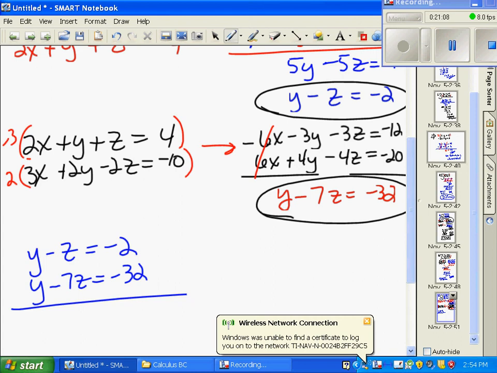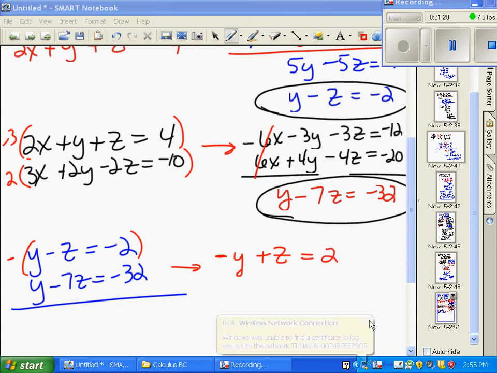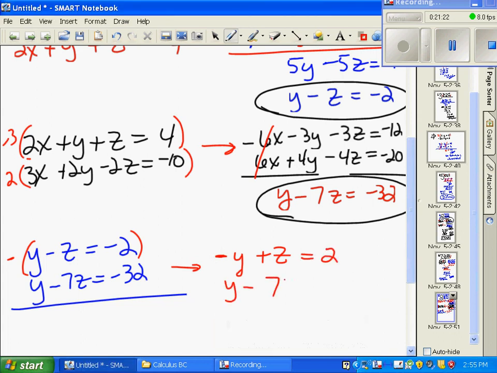So I'm going to multiply this top equation by a negative, and what I get is negative y plus z equal to 2, y minus 7z equal to negative 32. Add the two together. So I get negative 6z equal to negative 30.